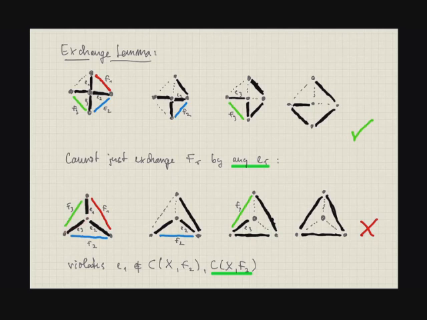Namely, if I now do the exchange F3 against E3, this edge E3 is not even part of this cycle, and therefore this exchange actually won't work. And indeed, if I do the exchange, the result will be a dependent set, namely this large cycle of length 3.